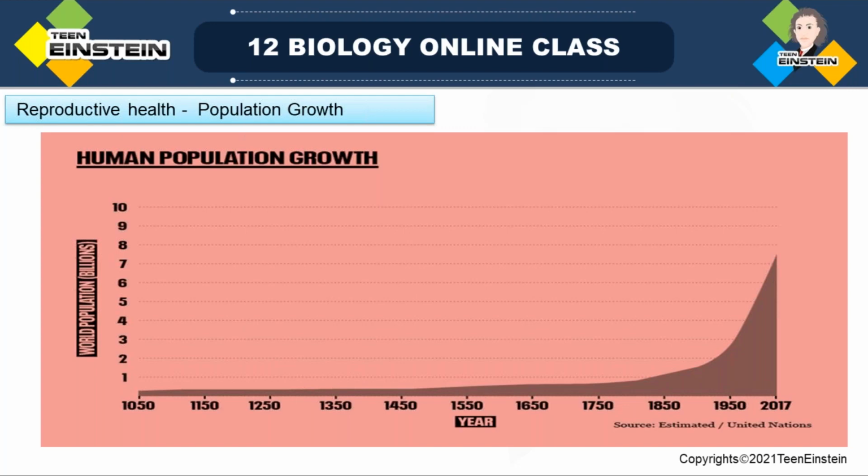If birth rate is more, definitely that population growth will be more. Then mortality. Mortality means death rate. If death rate is more, population growth will be less. To maintain a proper population, there should be a balance between natality and mortality. Then immigration.